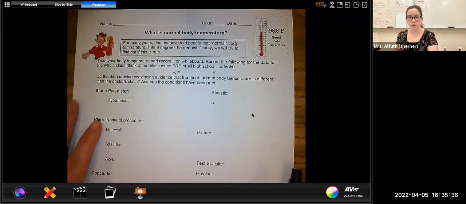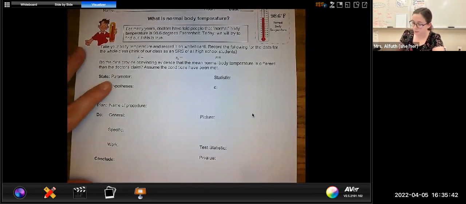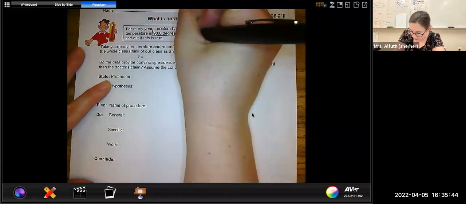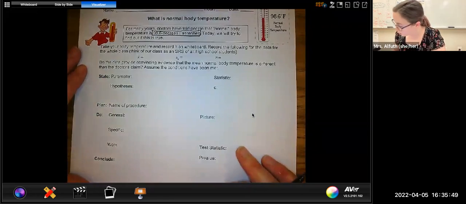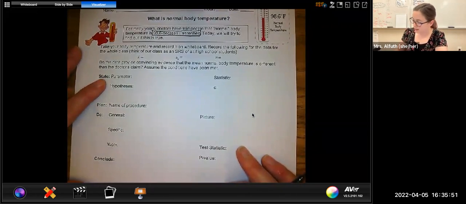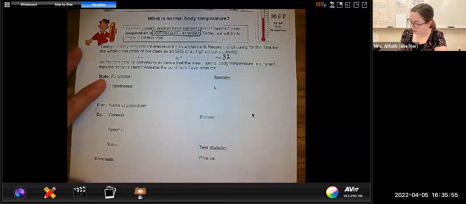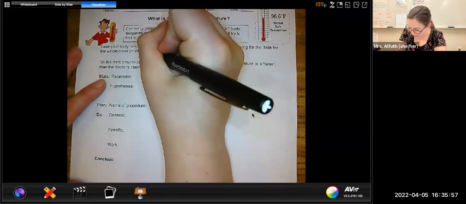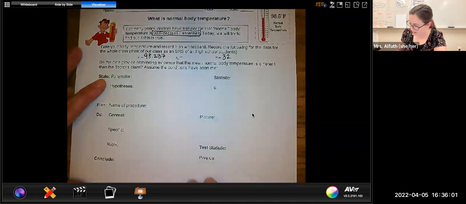So secondly here, we are going to look at normal body temperature. For many years, we've been told from doctors that normal body temperature is 98.6 degrees Fahrenheit. And so if we took our body temperatures, let's say we had a class of 32 students and we all took our body temperature, and the average was 98.237 degrees Fahrenheit.